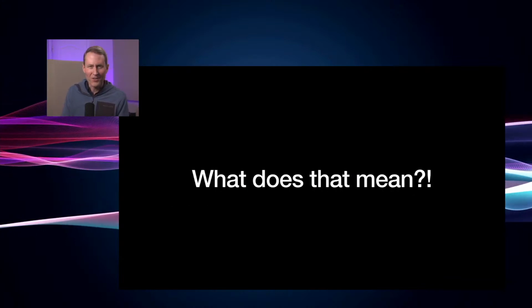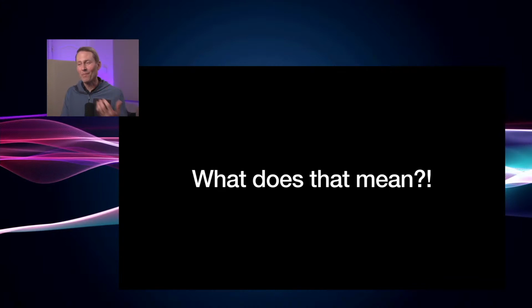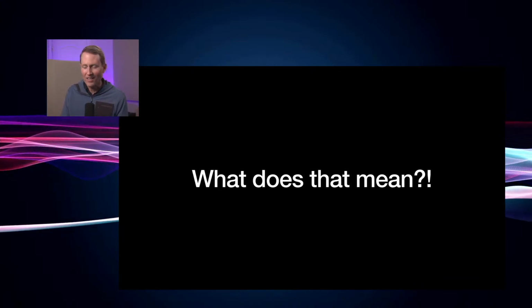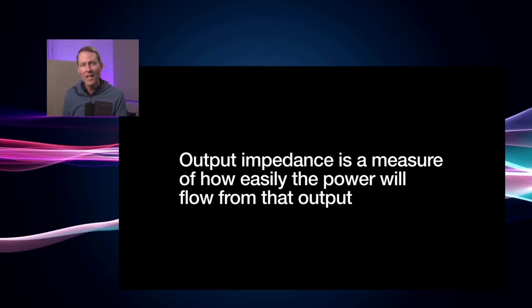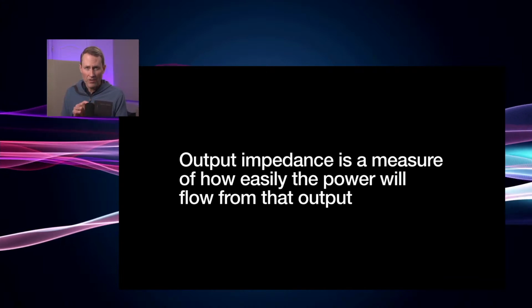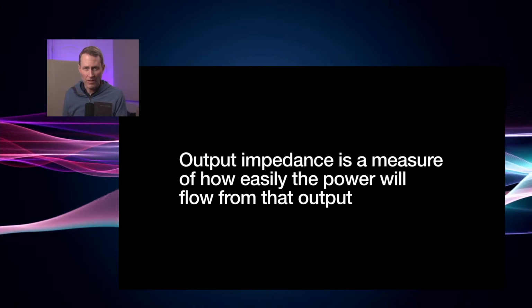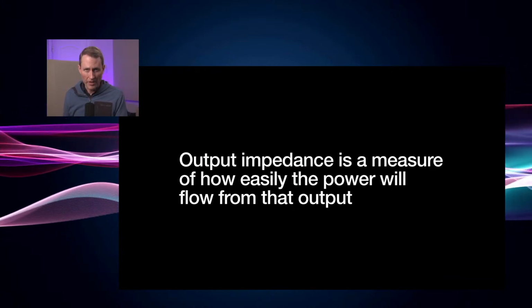So you might be asking yourself, what does that mean? And especially, what are the practical implications of that? Let's dig in a little bit more. You will see the specifications for microphones in different ways, and sometimes it will be called output impedance.